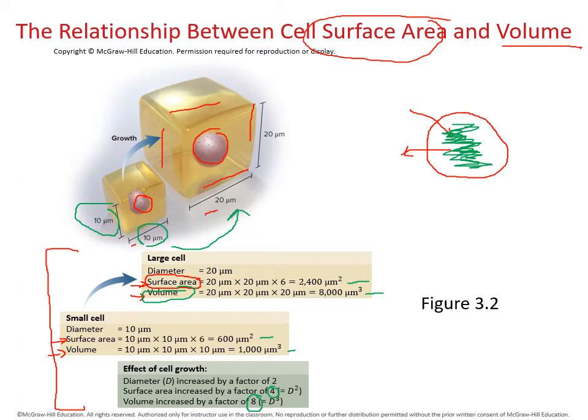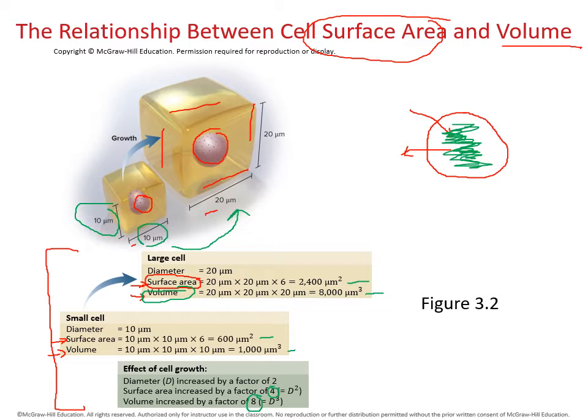Now you're going to notice that both of the values, surface area and volume, both of them increased. However, notice that based on the calculation, the volume increased drastically more than the surface area did. And what we see happening is that as you keep increasing the cell, this trend will continue on, meaning that the volume of the cell will increase significantly faster than the surface area of the cell.